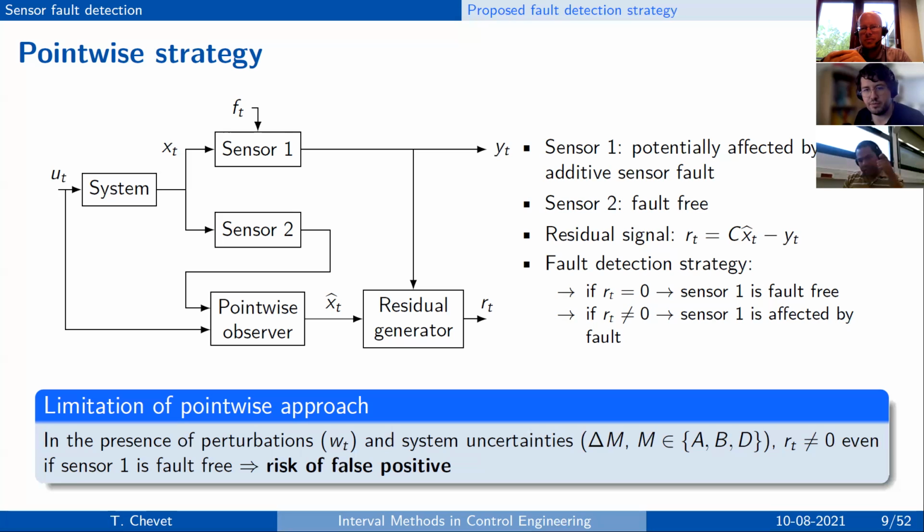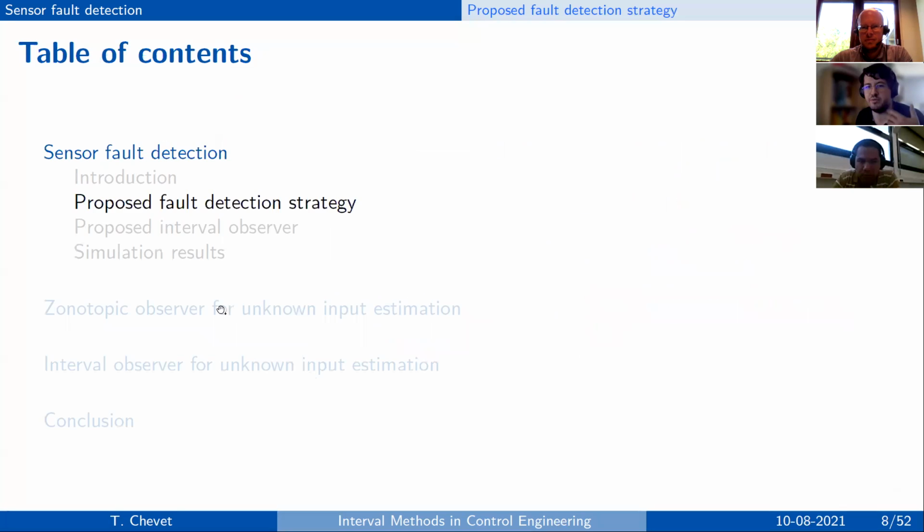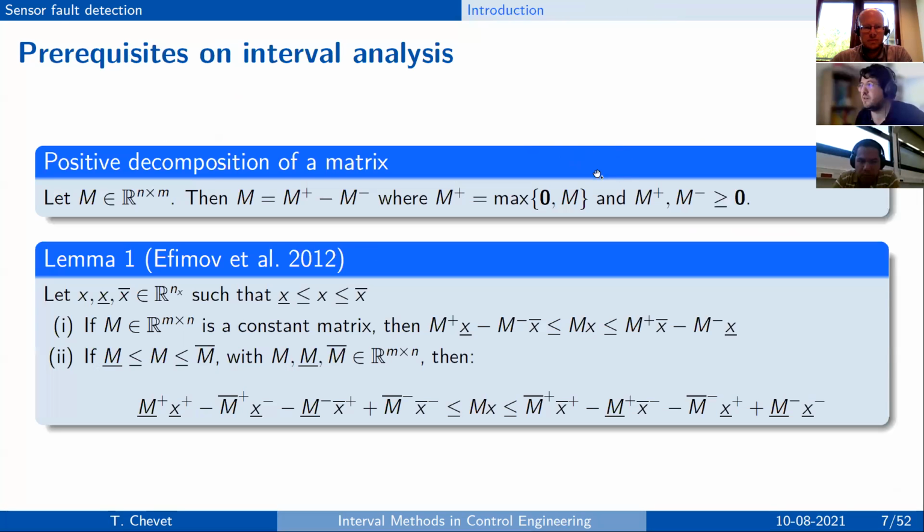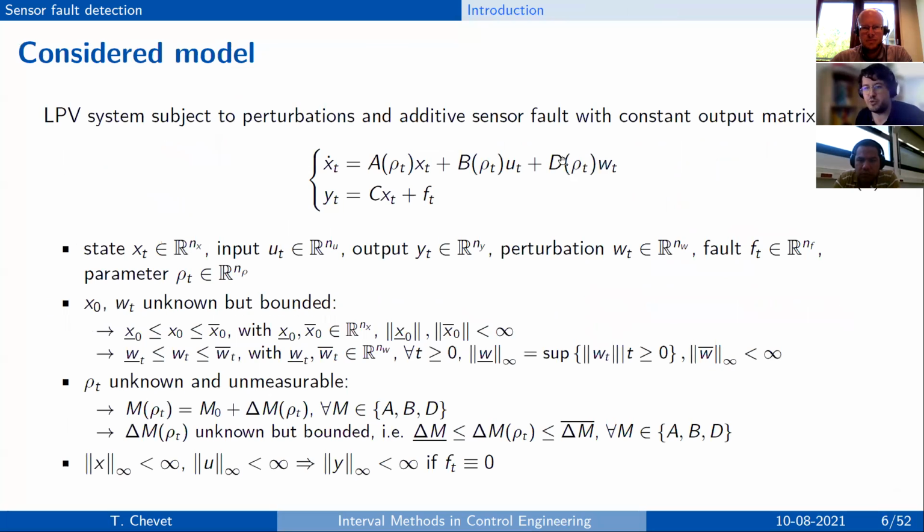This is a first approach, because, as I said, we already have uncertainty provoked by the perturbations, but we also have uncertainty on the model that is unknown and unmeasurable.